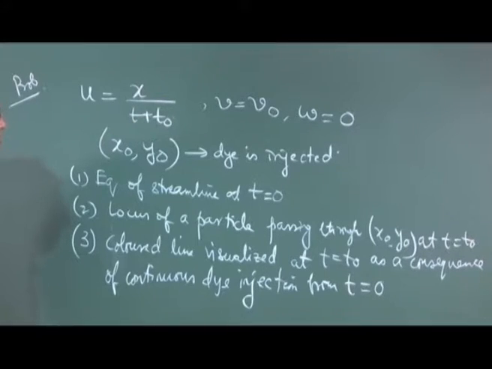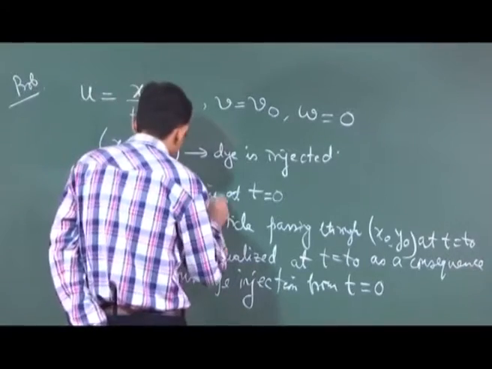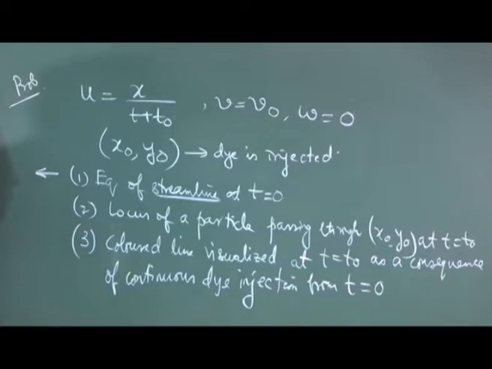So, we will start with the streamline, which is the most straightforward part of this problem. So, I will work it out here. The equation of the streamline at a given instant of time is dx by u is equal to dy by v is equal to dz by w.